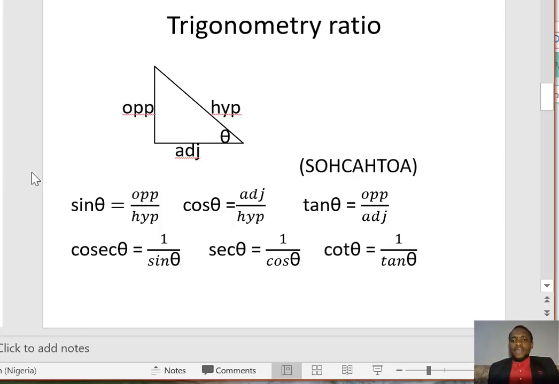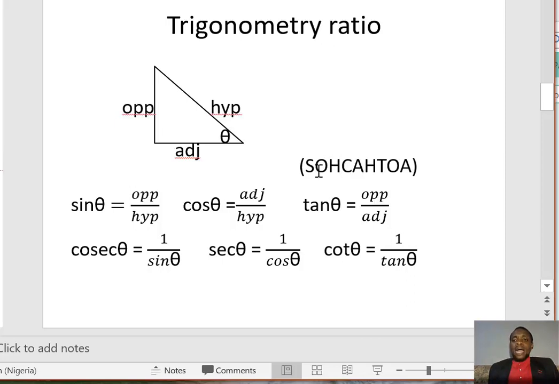So these are very, very important trigonometry ratios that we need to know. If you look at it, sine equals opposite over hypotenuse, cos is adjacent over hypotenuse, tan is opposite over adjacent. So we have this one coded in a very short form, which students can easily use in case they forget.